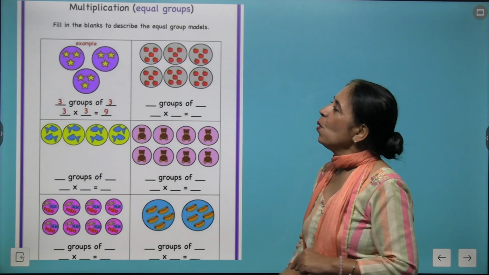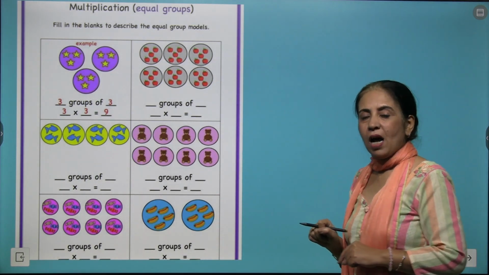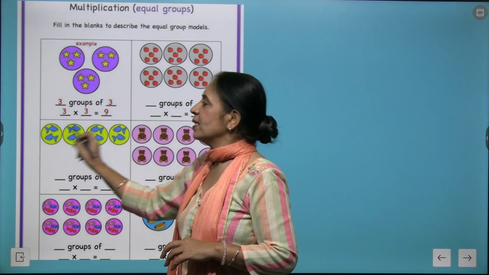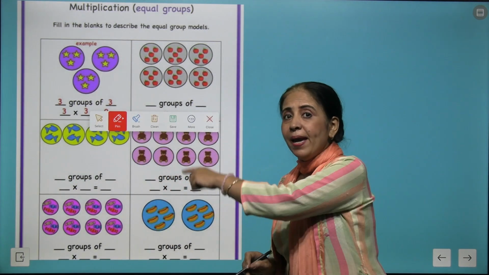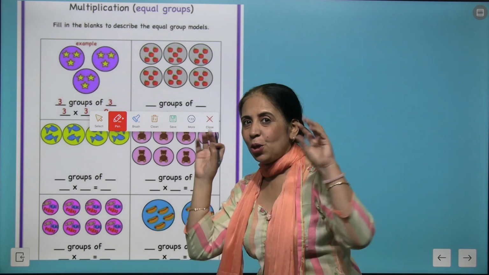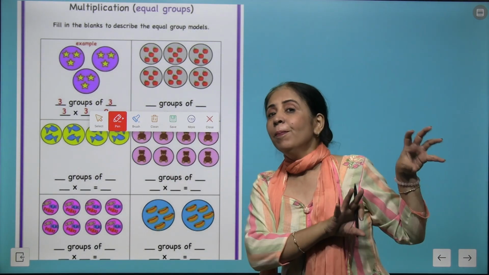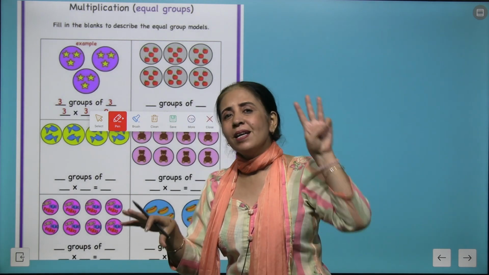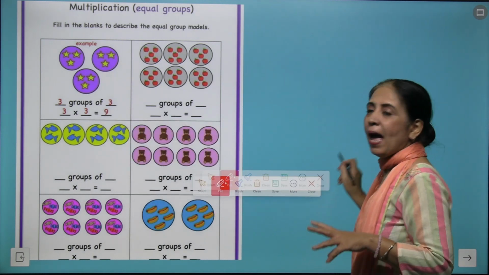Let's try more. Here you could see we have 3 stars each in 3 groups. So we write it as 3 groups of 3, and that makes 9, isn't it? Your twinkling 9 stars divided in 3 equal groups, and each group has 3 stars each. Now let's go for apples.